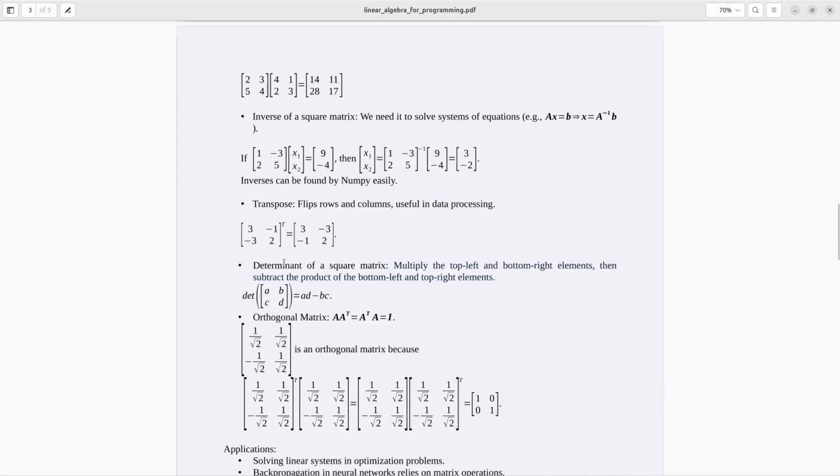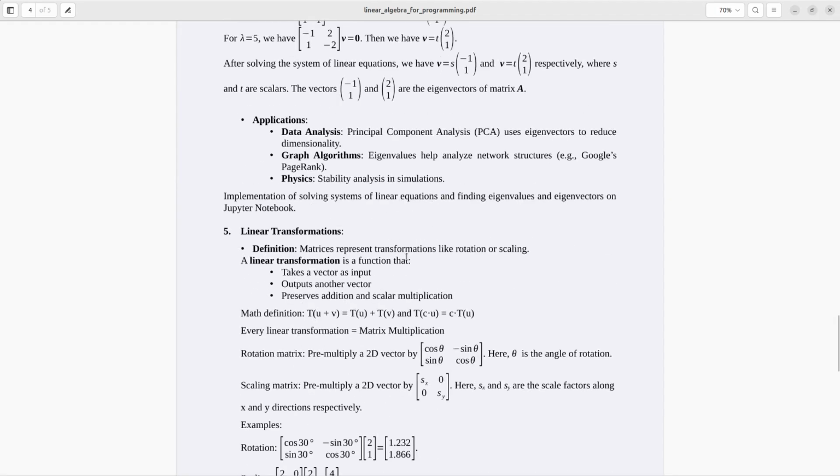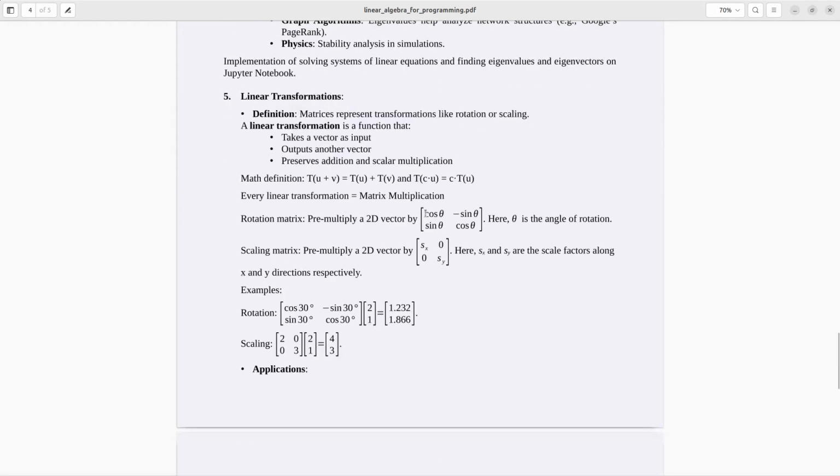After that, we know how to get the inverse of the matrix, and we know how to get the determinant of the square matrix. Okay, and we also know how to get the eigenvalue and eigenvector if we are given the matrix. Okay. Finally, we are able to do the linear transformation by pre-multiplying a rotation matrix or pre-multiplying a scaling matrix.